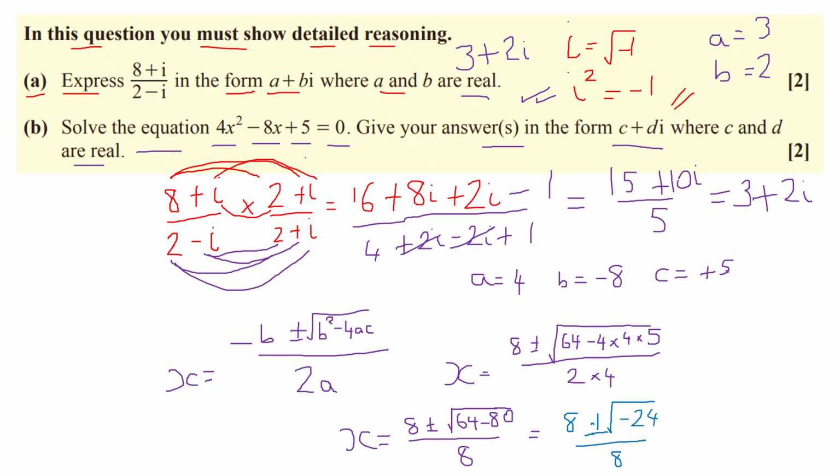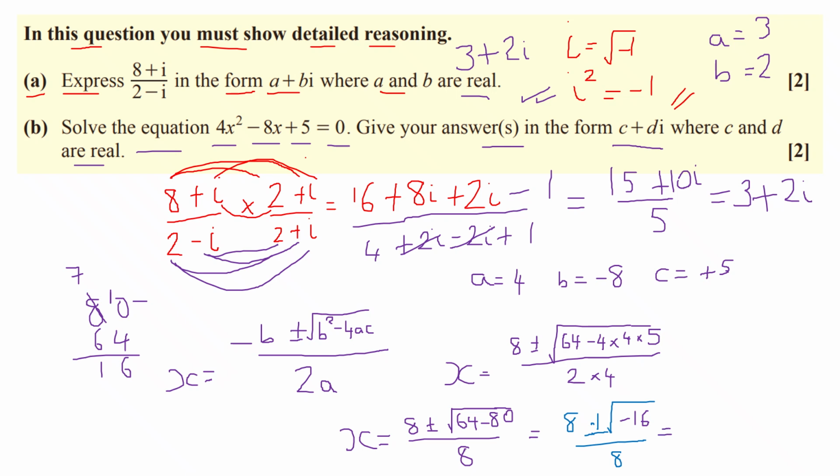Oh no, sorry, minus 16. I apologize. I did 80 minus 64 and then put a minus sign in front. So 80 subtract 64: 0 take 4 I can't do, so I borrow. That becomes a 7, and that becomes a 10. 10 take away 4 is 6, 7 take away 6 is 1.